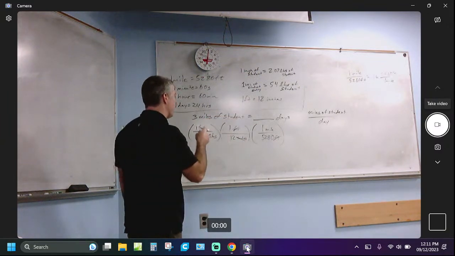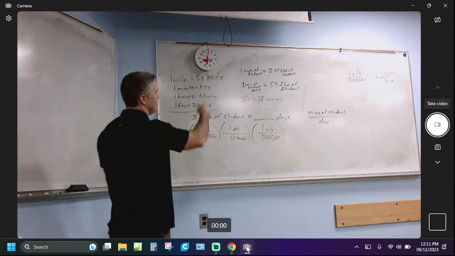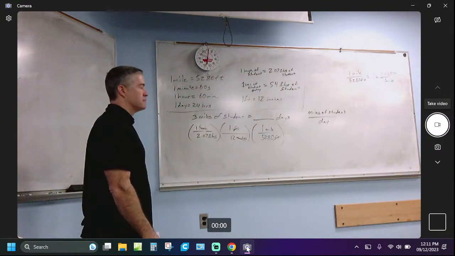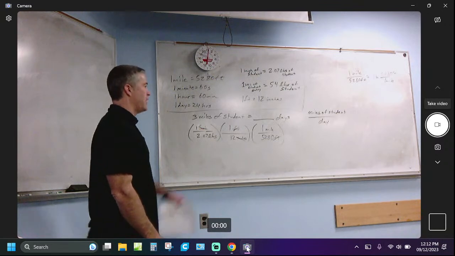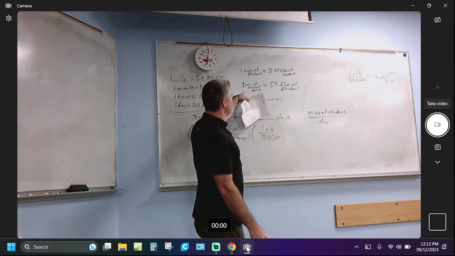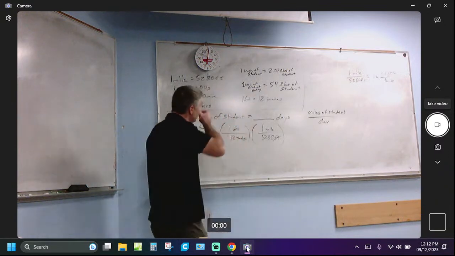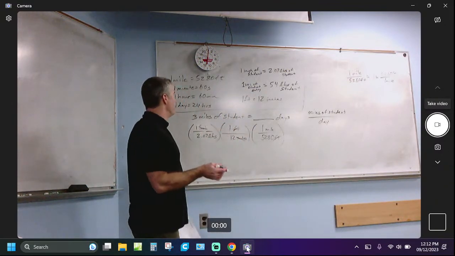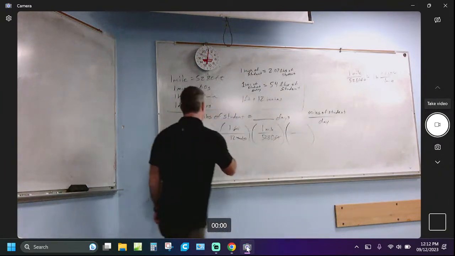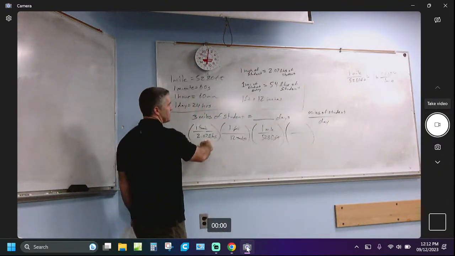Now I just need to get from pounds to days. See anything that'll help there? Yeah, 1 second is equal to 54 pounds. So that'll give me the seconds. So I'm going to multiply by that. And instead of pounds down here, I want seconds.